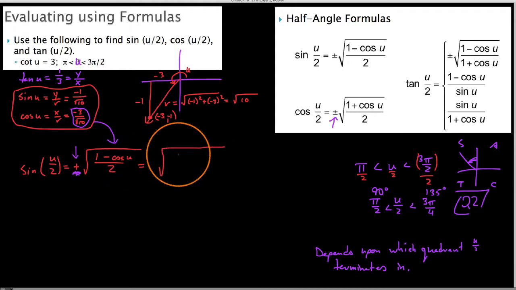Okay, so what we end up with here is 1 minus the cosine value all over 2, and a positive out front, explicitly a positive. So we're going to plug in this cosine value here. We get 3 over root 10. So now we've got a lot of simplifying to do here, but we get plus, and we say 1 minus. This will be a negative.